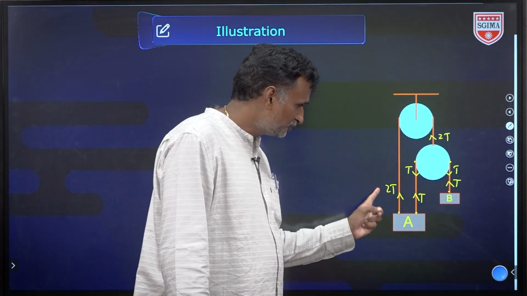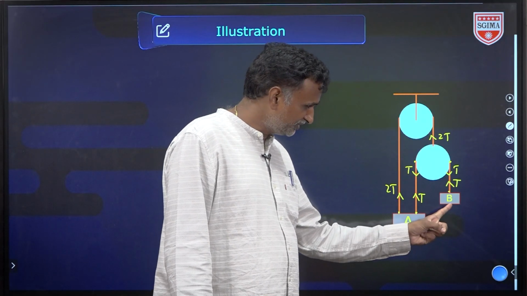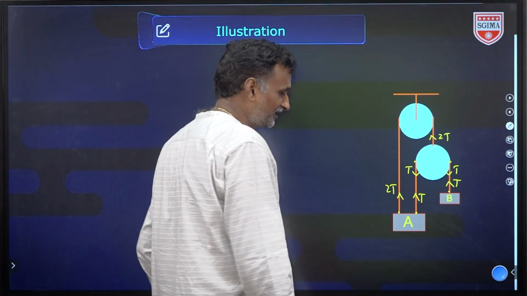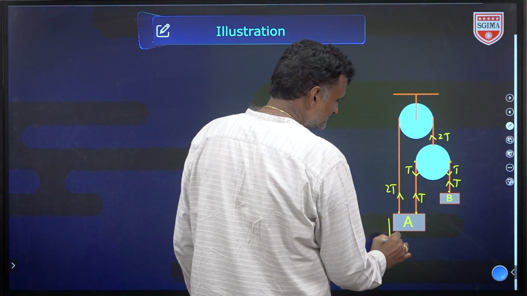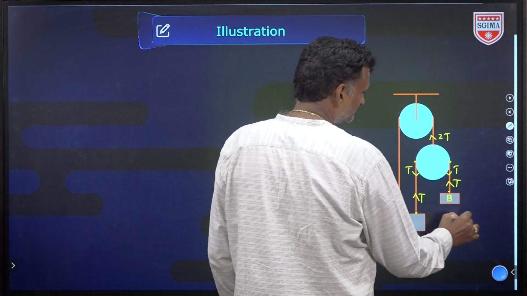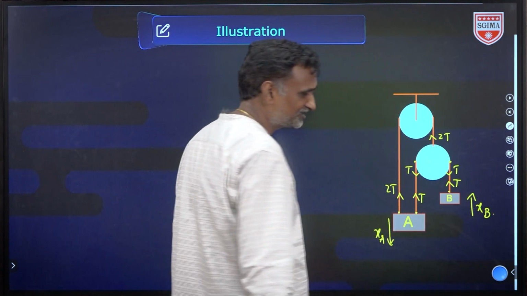On A, 2T plus T, total 3T is acting, and on B, total force acting is T. So, suppose A is moving downward with displacement XA, and block B is moving upward with displacement XB.